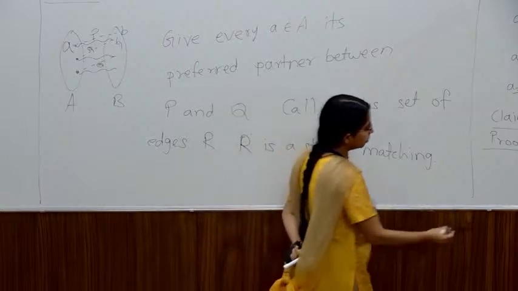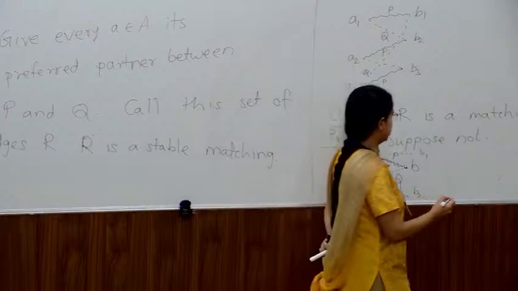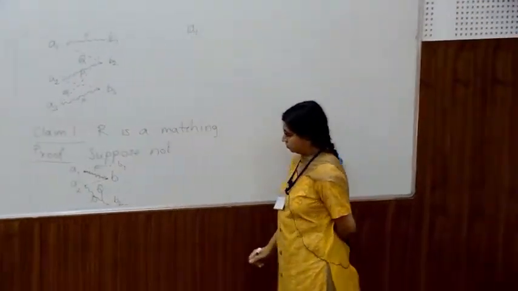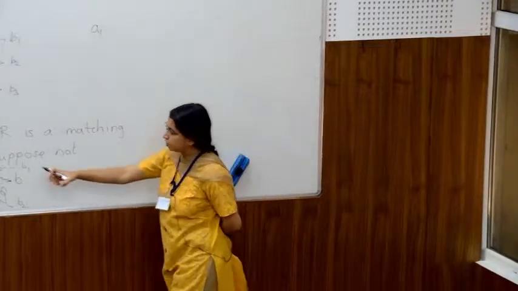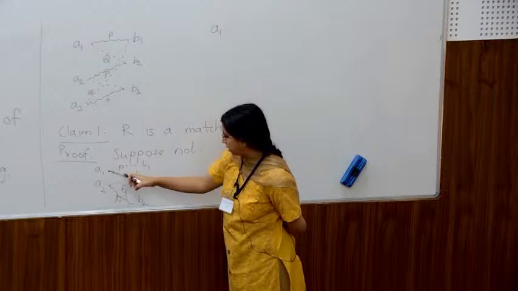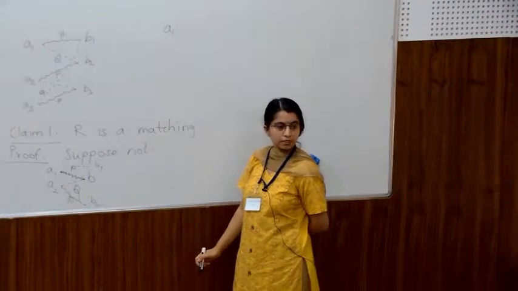So what can we say about the preferences of A1 and A2 between their P and Q partners? A1's P partner is B, Q partner is B1.